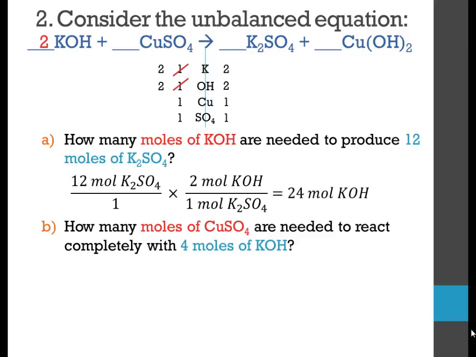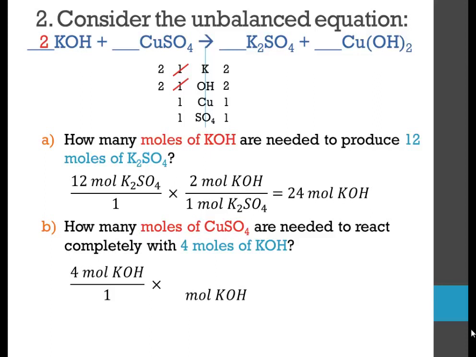The next problem, how many moles of copper sulfate are needed to react completely with 4 moles of potassium hydroxide? So my given this time is my 4 moles of potassium hydroxide. I'm already in moles, so I don't need to do any conversion to get to moles. I can go straight to a mole ratio. So I'm going to want to put moles of KOH on bottom in order to cancel it out.